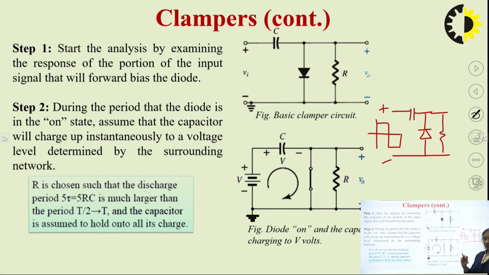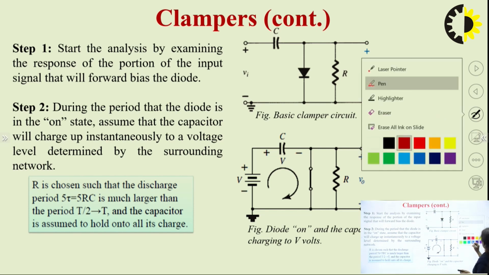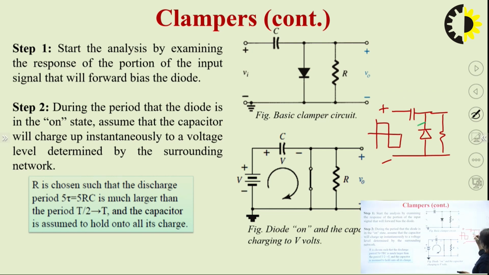So this diode will be open, and the current will be flowing in this direction. The charging of the capacitor will take place through this loop, and here the RC time constant is very high.